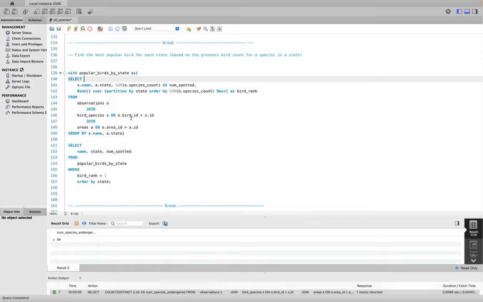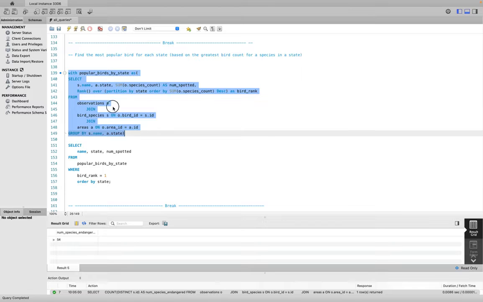We're going to partition by state and run the rank function over it, and get the species count for each state, where the species that is the most spotted will have the rank 1, and the second most spotted species will be rank 2, and then the third most spotted species will be rank 3, and so forth. So we do that in the CTE.